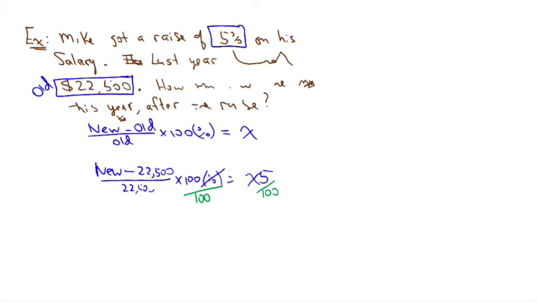When you take 5 and divide it by 100, what are you really doing? You're changing 5% into a decimal form of the percent. That would be 0.05. All right, so after you divide by 100, these would cancel out, right? That's nice. And you're left with new minus 22,500 over 22,500 is equal to 0.05.